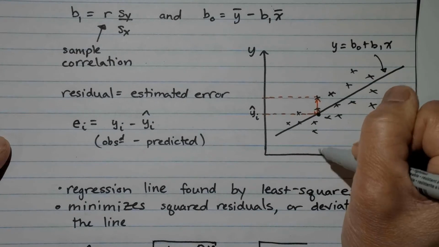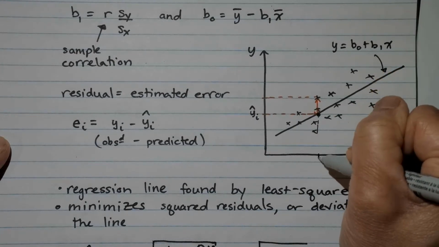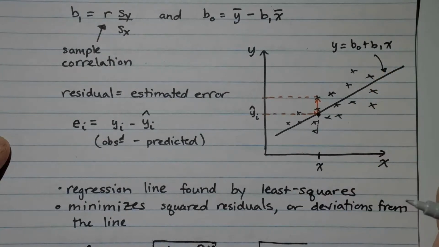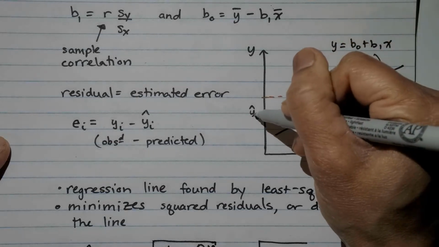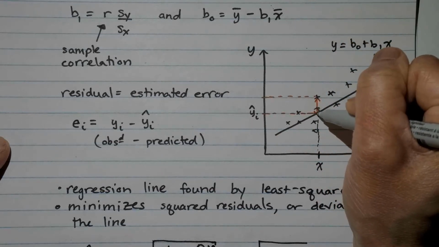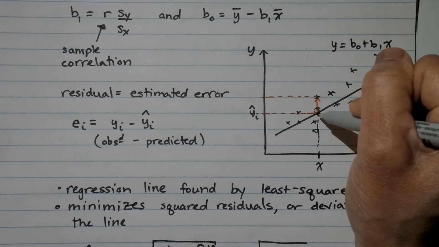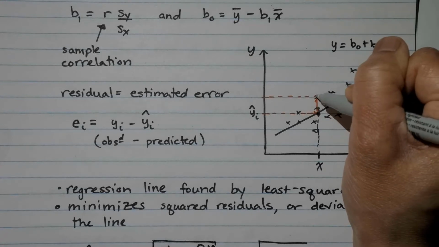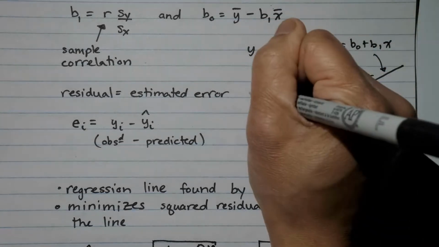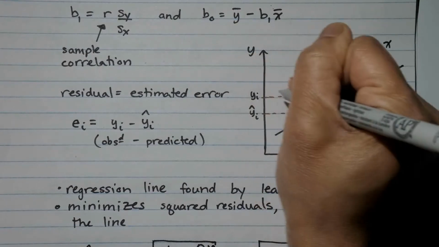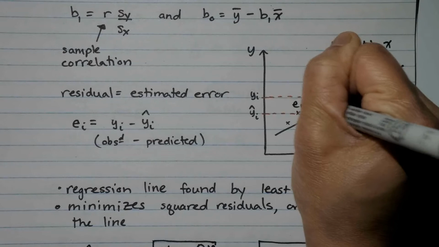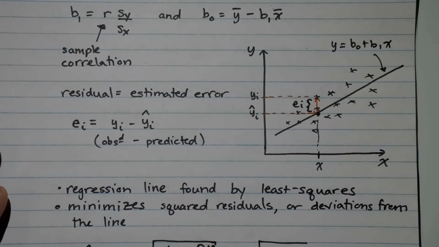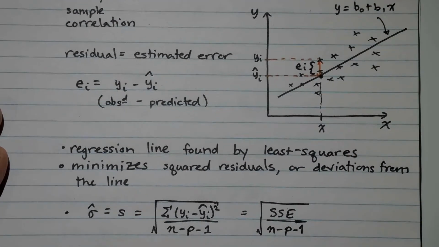So if x were equal to this value, then this would be y_i hat. The point on the line would be our best guess of the response, but it might have actually been the x that's up here. So that's the y_i, and this gap is the residual. So that's the error in our prediction.